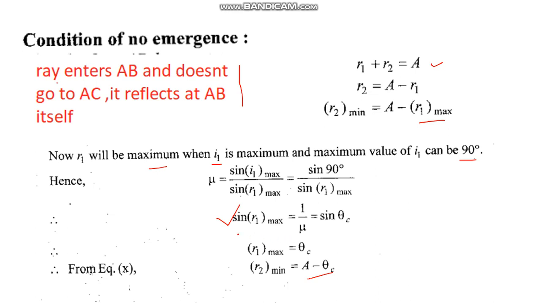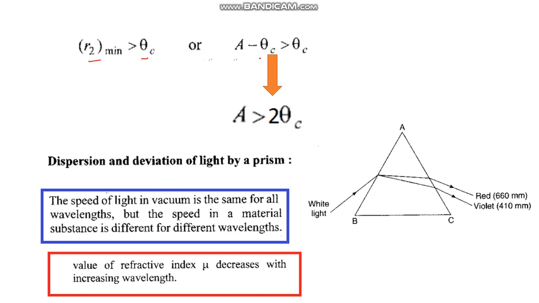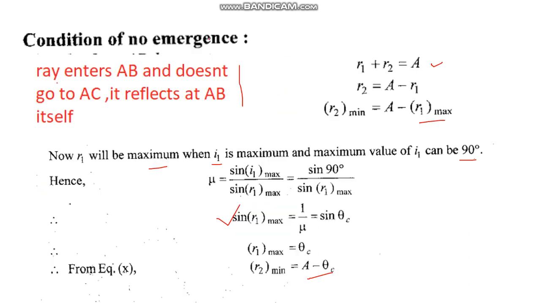If it is more than that, then what happens? A minus theta c becomes more than theta c, or A is greater than 2 theta c. If you maintain this condition, R1 will always be more than theta c, and always this condition of no emergence is satisfied. Always the ray will hit the AB surface and go from there only. It will not enter into the AC region.